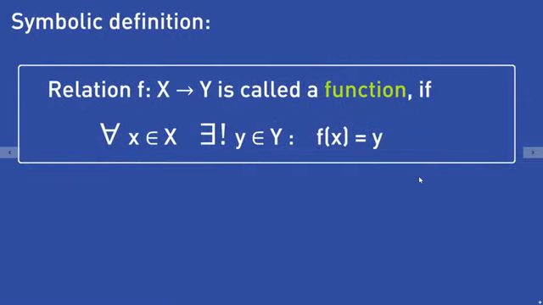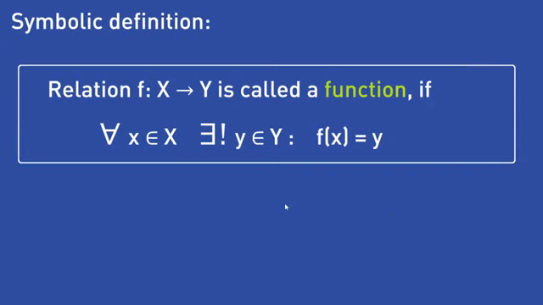By the way, the set X is then called the domain of the function f, and the set Y is called the codomain of the function f. So this here is the symbolic definition of a function.